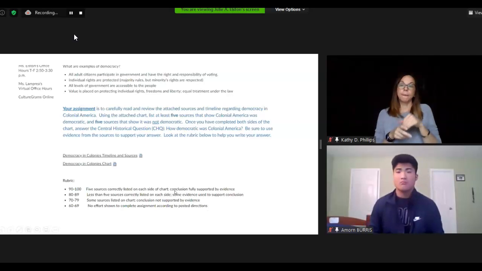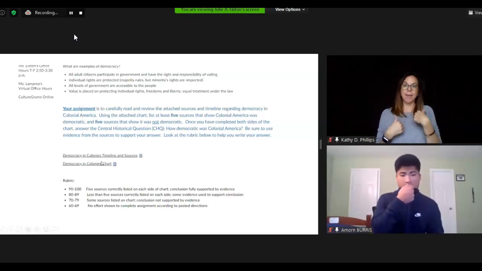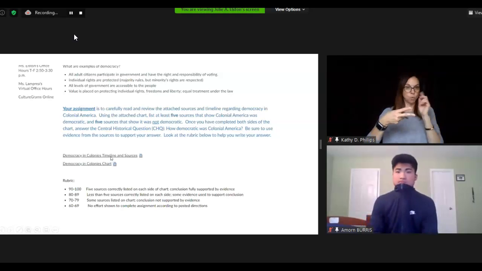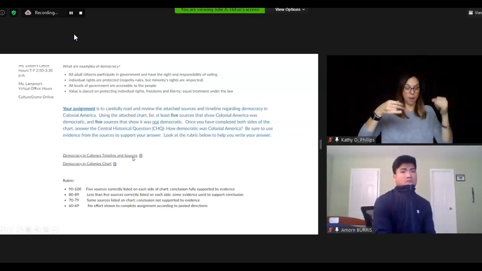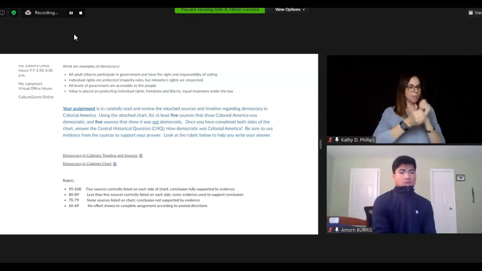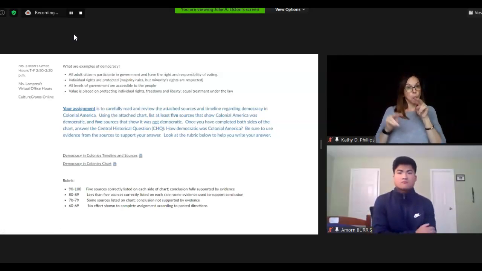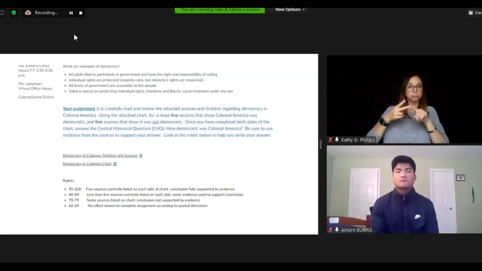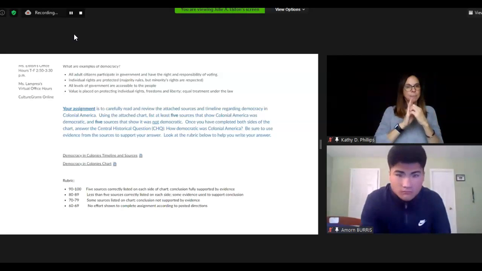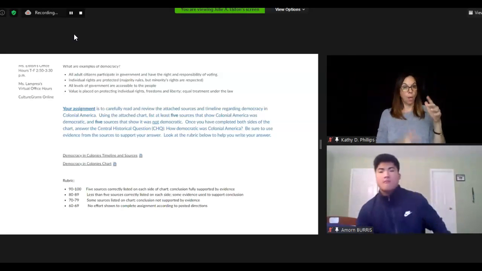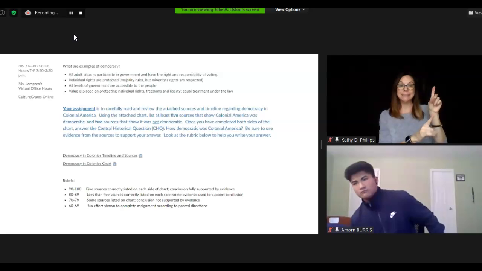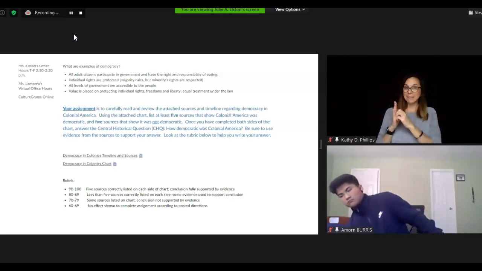And here is the assignment. I have two things for you to look at, a timeline and a page with some images on it, some sources. As you're looking through those resources, I want you to find at least 5 examples that show colonial America was democratic and 5 sources that show it was not democratic.